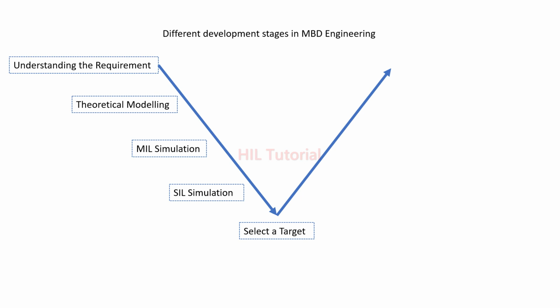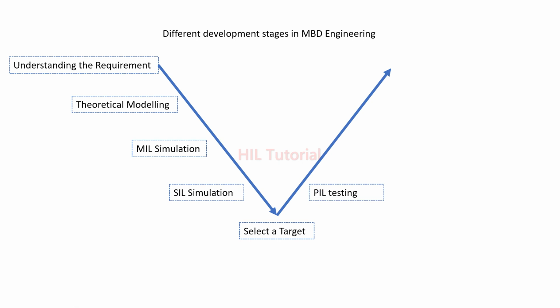The target could be TI C2000, any microcontroller or Infineon microcontroller, or you could also have a target like a real-time simulator. So till now this was the development stage, and after the development stage, once you have decided the target, then you will go for the validation process.